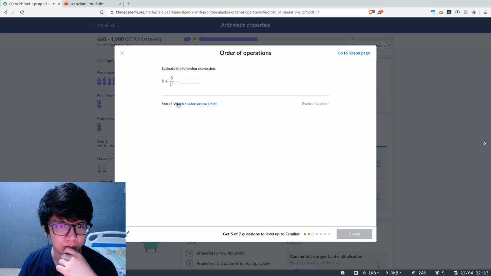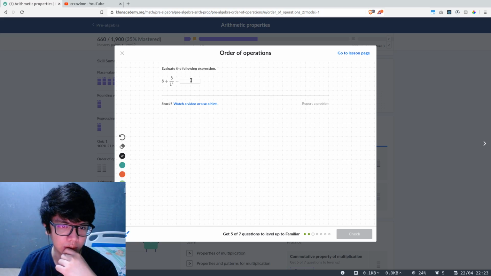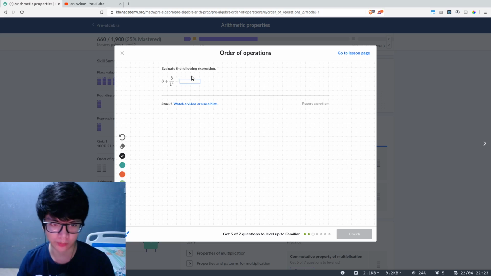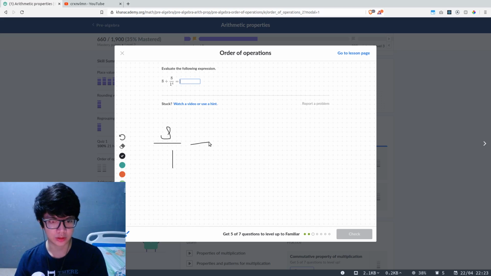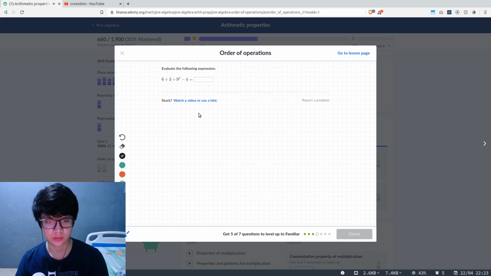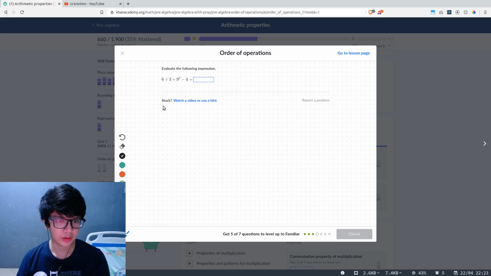Evaluate the following expression, 1 to the 4th power, okay. How am I supposed to add this? So we have, this is still the same. So it's going to be 16, right? Okay, it's going to be 6 divided by 3.